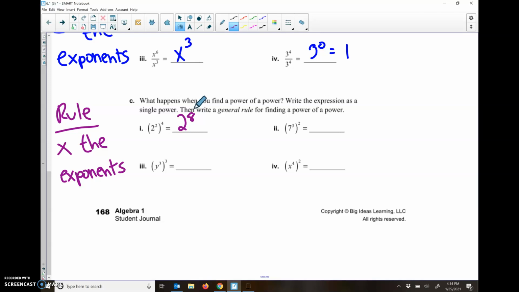Number 2, we have an exponent of 3 and an exponent of 2. So that means it is 7 to the 6th power. Okay, same thing. Variables don't change anything. The y has an exponent of 3. There's a 3 on the outside. 3 times 3 is 9. So y to the 9th power. And again, on the 4th one, exponents don't change anything. X to the 4th, then squared. 4 times 2 is 8.